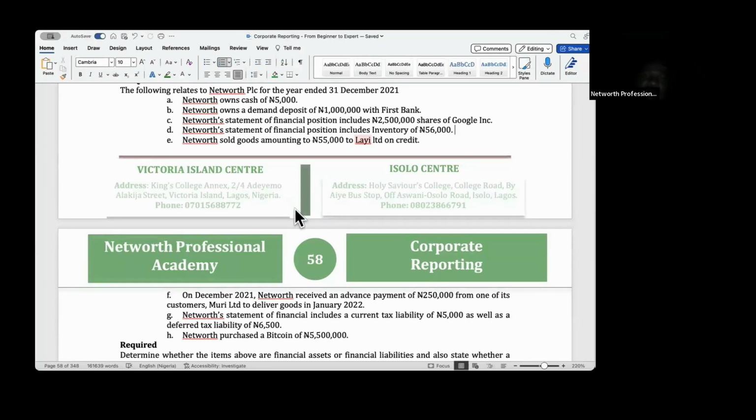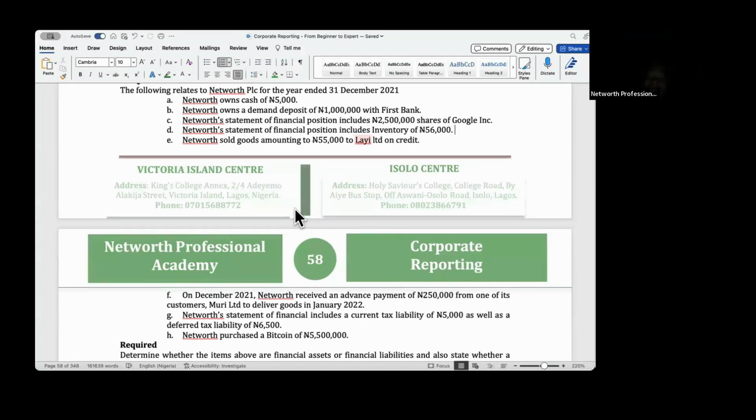Inventory doesn't give you a right to receive cash. I told you, right to receive cash, you don't have to do anything. Money will just come in. Inventory, if you don't do anything, you won't sell. You have to make efforts. Some people even pay, advertise, do all sorts before they can sell. So inventory is not a financial asset.